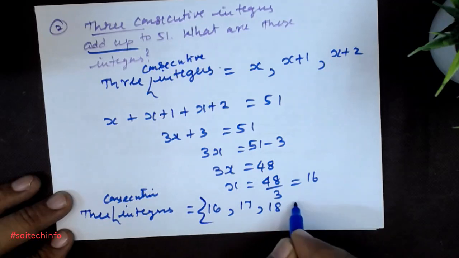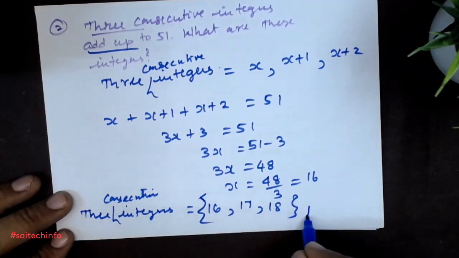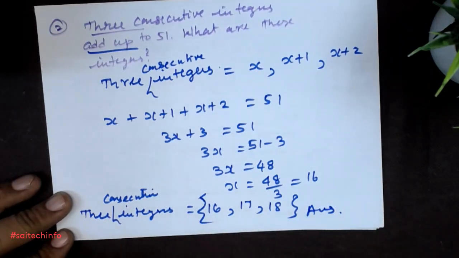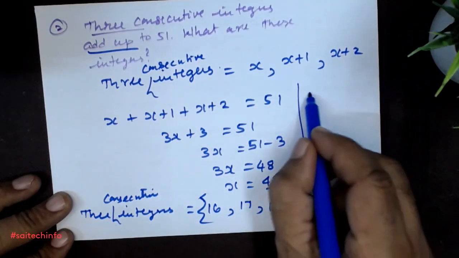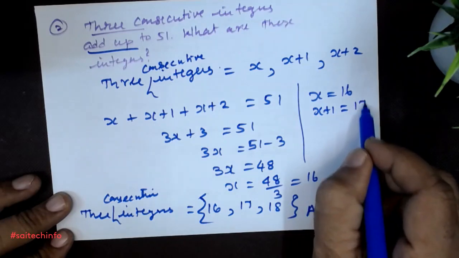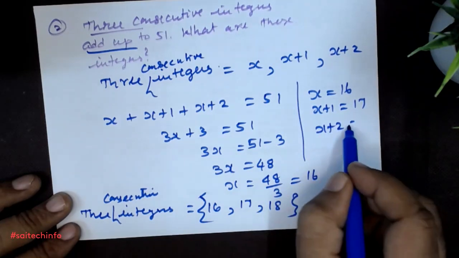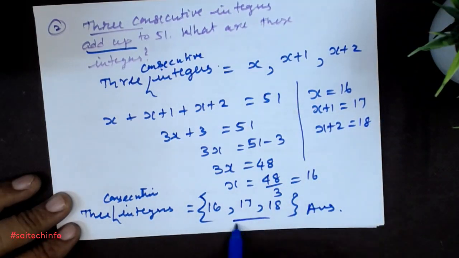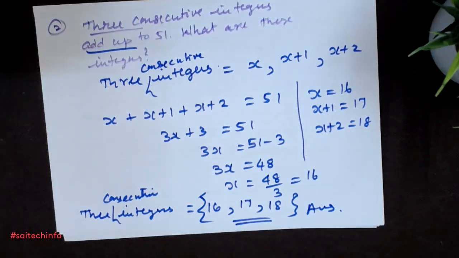So you have to declare this as an answer. Okay? Why? Because x is 16, x plus 1 is 17, x plus 2 is 18. So we are declaring this as the answer. Okay? Take down.